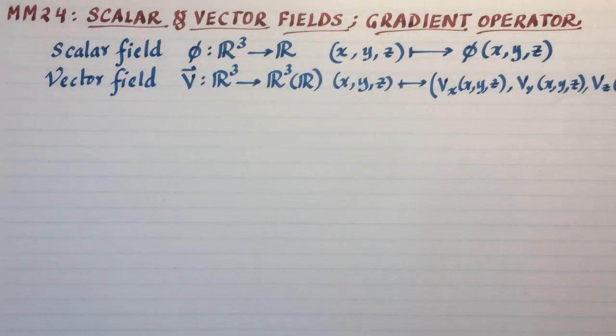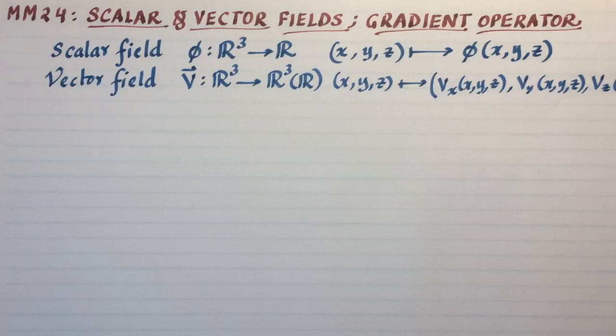For example, the temperature at any point in the room is an example of a good scalar field, or the pressure at every point on the Earth's surface. A vector field is the same thing as a scalar field, except that each point has got a vector assigned to it. So you have three quantities, not just one quantity.